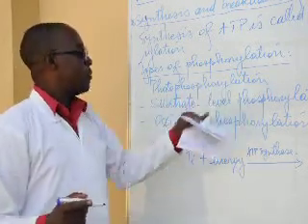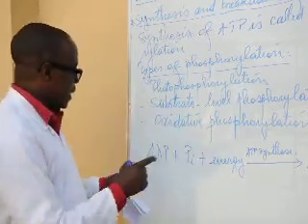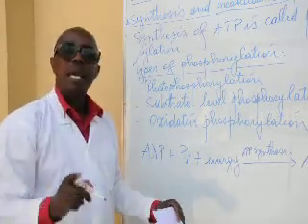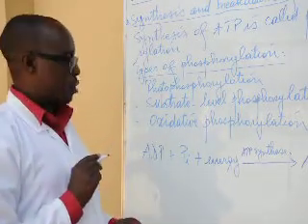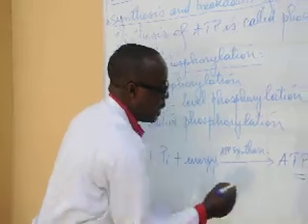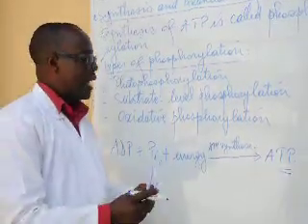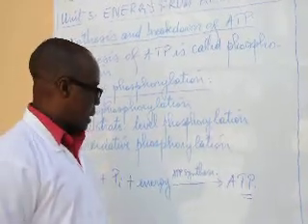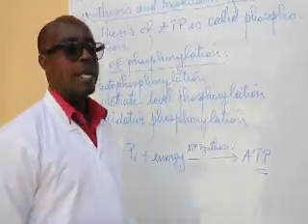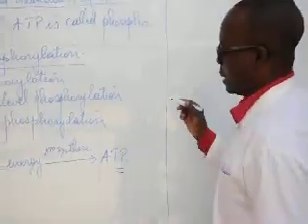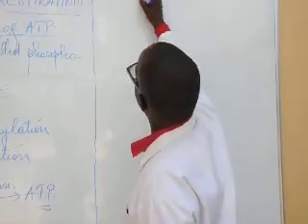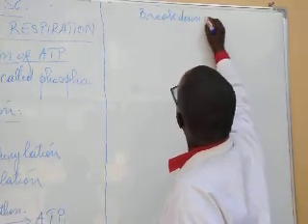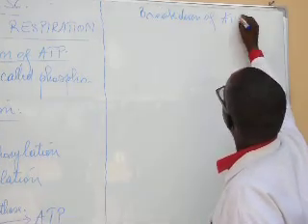Substrate level phosphorylation and oxidative phosphorylation are the synthesis of ATP which occurs during cellular respiration. This is ATP synthesis, and this ATP may also be broken down. This reaction is reversible. We now have the breakdown of ATP.